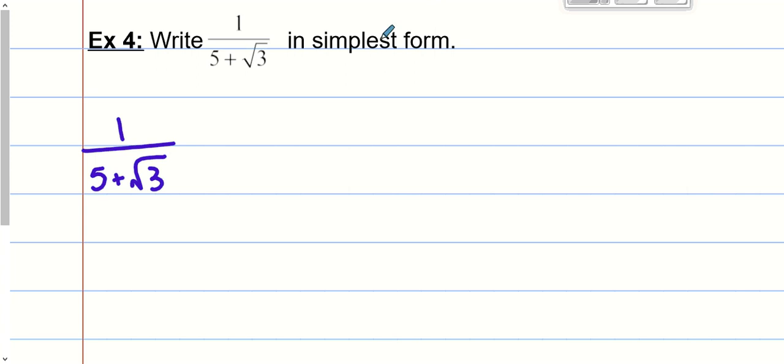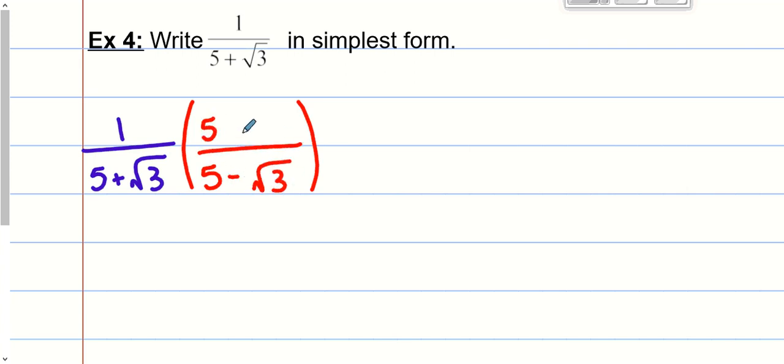I have to multiply top and the bottom by the conjugate. We talked about conjugates before when we were talking about just square roots and the i's. Remember, if I have 5 plus the square root of 3, I also have to have 5 minus the square root of 3. So that is what I'm going to multiply by. That is my conjugate. 5 minus the square root of 3 on the top and the bottom.